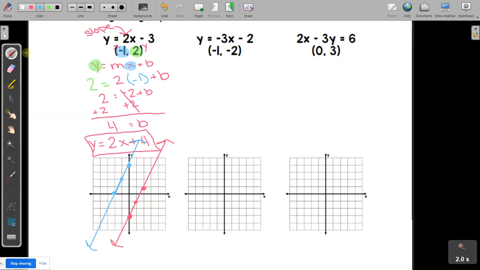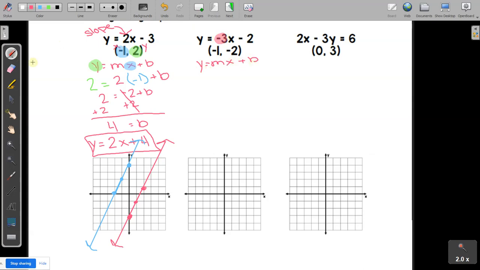Okay, let's look at the next one. So we have y equals -3x minus 2, and we have the point -1, -2. We are finding a line that's parallel, so we're going to have the same slope. So our slope here is -3. So we're going to substitute that into our formula, y equals mx plus b.